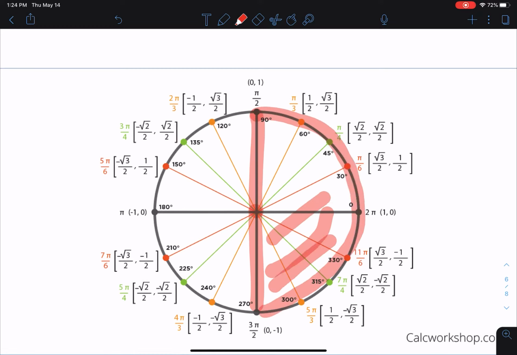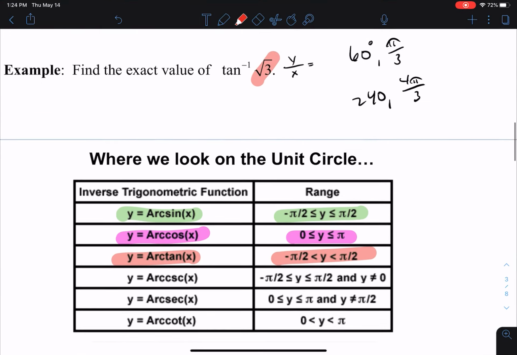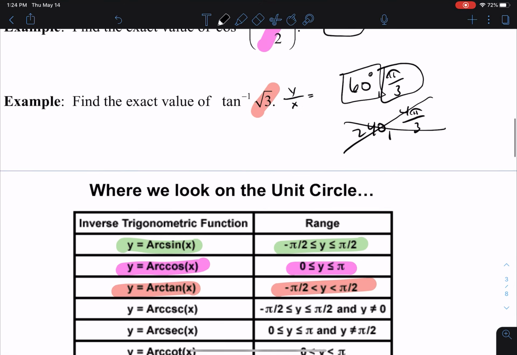So we're looking right here. And the only one that was there was 60 degrees. 60 degrees is the one that's there. So either a 60 or a pi over 3. This one we're not going to be able to use. Okay.